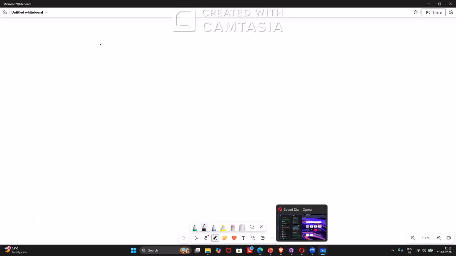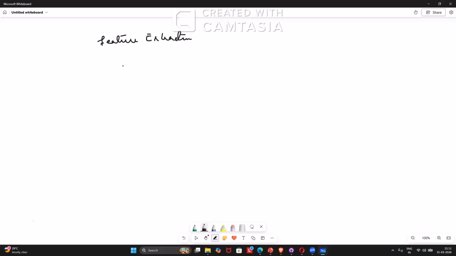Feature extraction. Here I could say I have F: f1, f2, f3, etc. up to fn. And F dash is there: f1 dash, f2 dash, etc. up to fm dash.